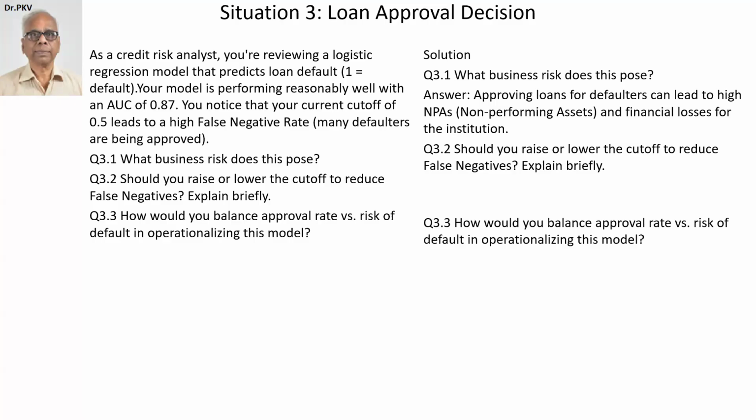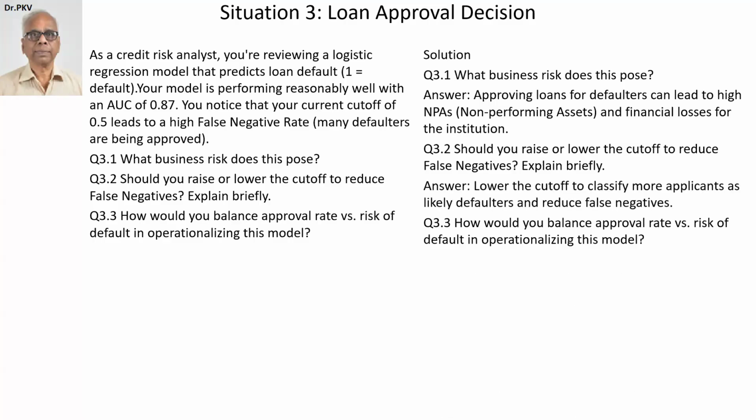Should you reduce it or should you increase it? What should you do? And your idea is to address the false negatives. You want to reduce the false negatives. So the cutoff point, should it now be further raised or lowered? Now, let me just give you the answer.